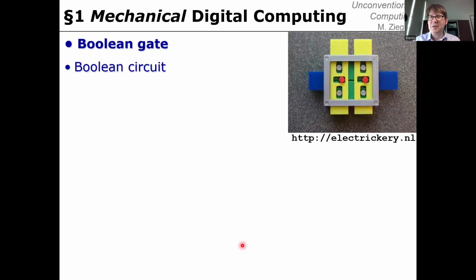Yes, thank you. So an exclusive NOR gate, which is the same as an equality test, right? An exclusive OR outputs 1 if the two input signals differ, if one is 0 and the other is 1. And this is the negation of that.